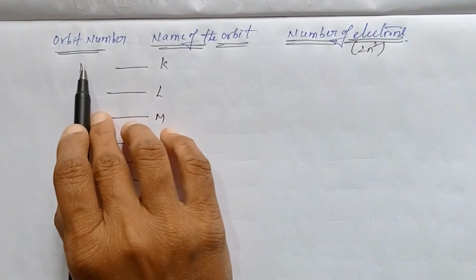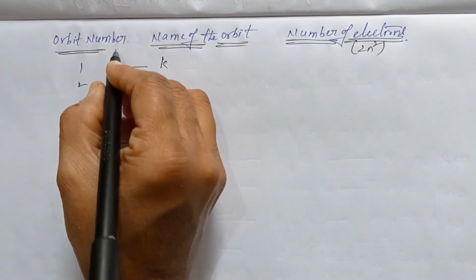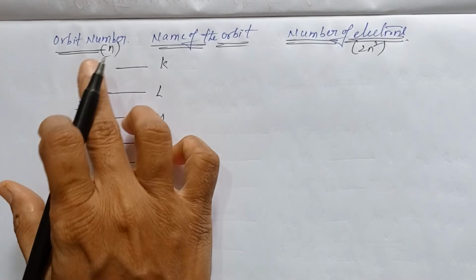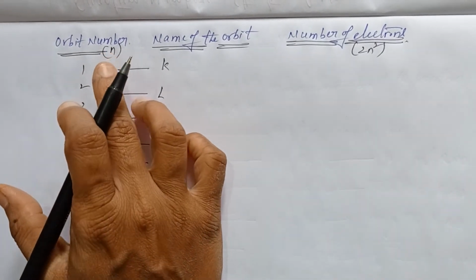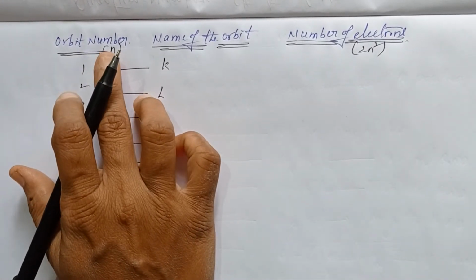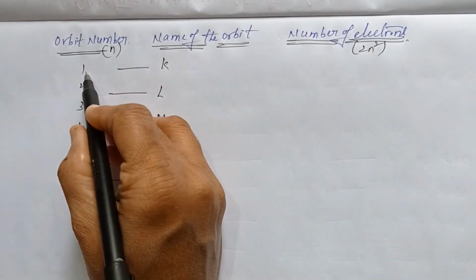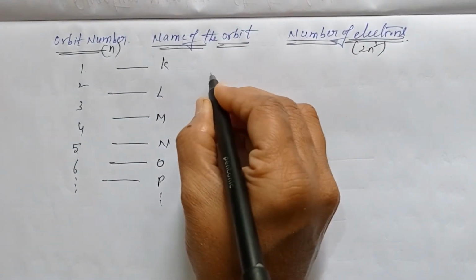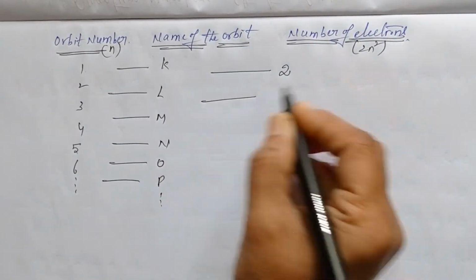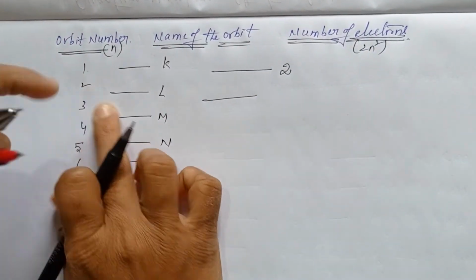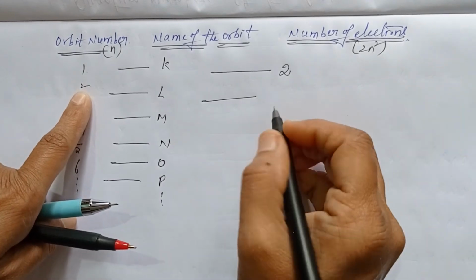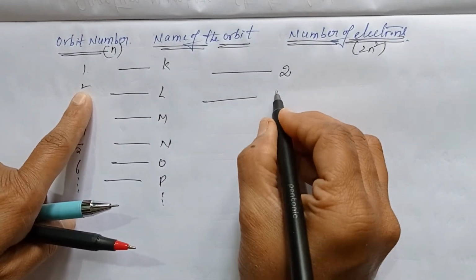Now tell me, n is equal to the orbit number. Orbit number or shell number is the principal quantum number. For n equal to 1, how much, students? 2 electrons. Now n equal to 2, second shell, means 2 into 2 square, 8 electrons.